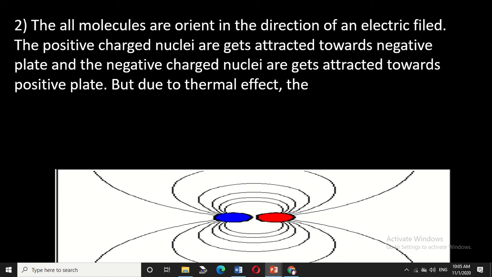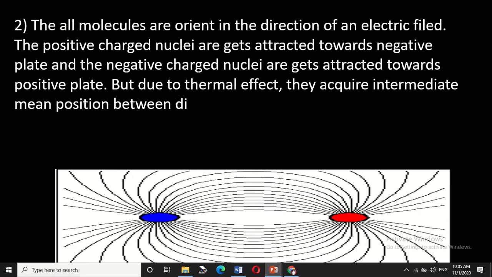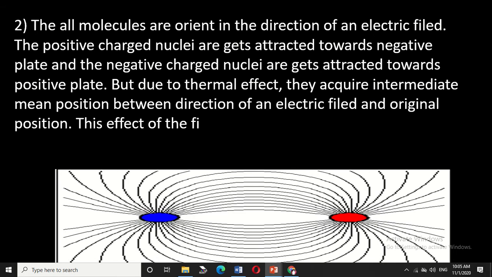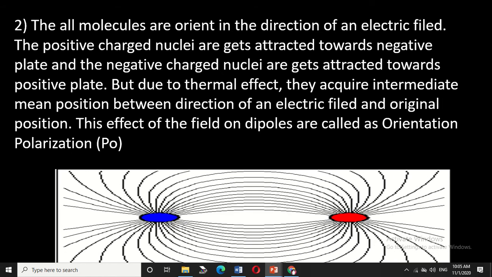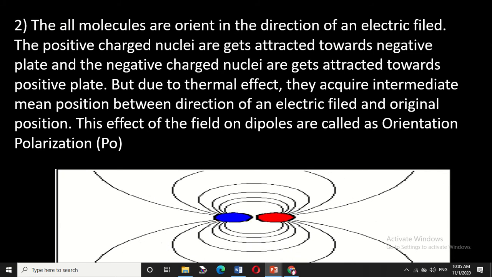But due to the thermal effect, they acquire an intermediate mean position between the direction of the electrical field and the original position. This effect of the field on dipoles is called orientation polarization.